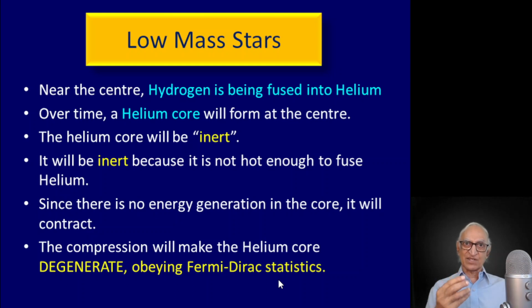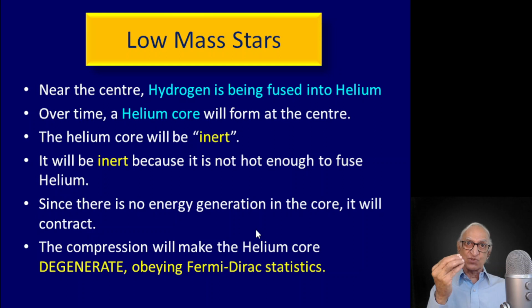I asked you to calculate kT and also the Fermi energy, which is proportional to density to the power 2/3. And I asked you to convince yourself that the gas will be classical because kT will be larger than EF. But when I now compress the helium core, the Fermi energy increases as density to the power 2/3.